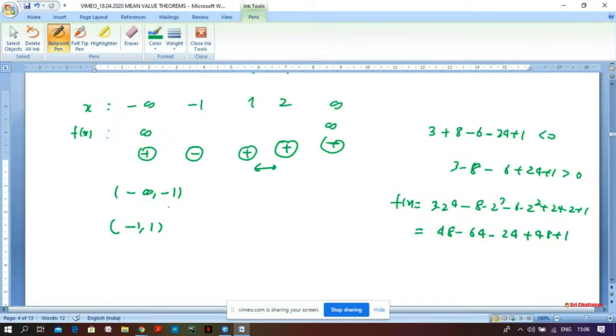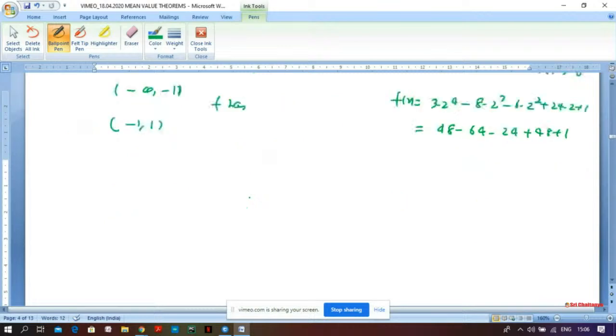So these are the two intervals in which f has roots. The other two roots are non-real. Means f has two real roots and two non-real, or imaginary, which is a loose word. So that's the conclusion for it.